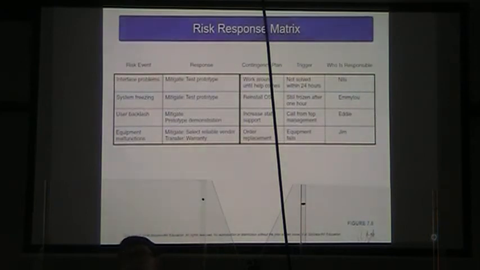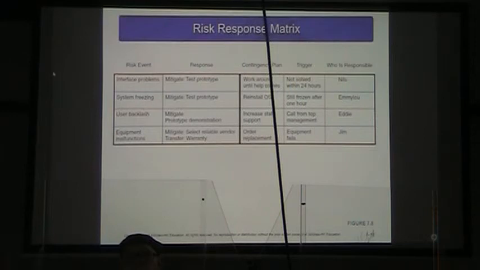All right, so here is a risk response matrix. We have a risk event, a response, a contingency plan, a trigger for action, and who is responsible. So the interface problems, going back to the same four-part risk that we've already talked about in the risk matrix.